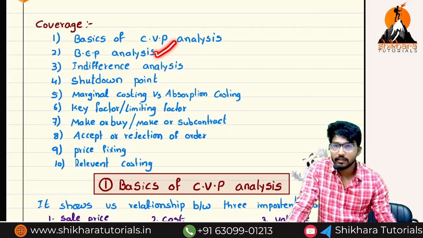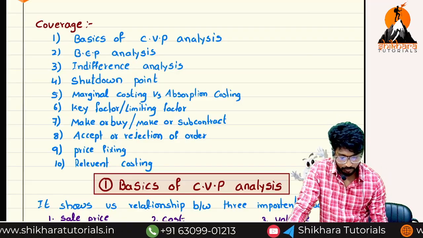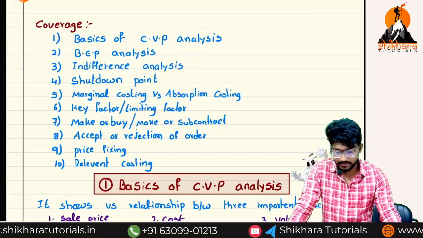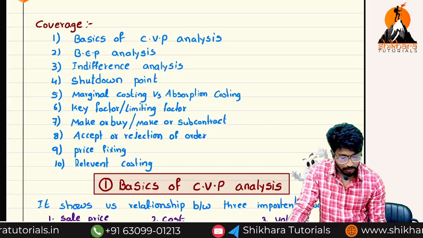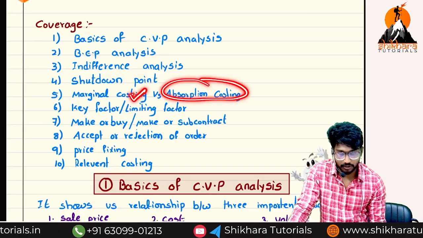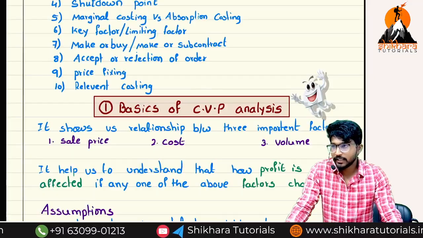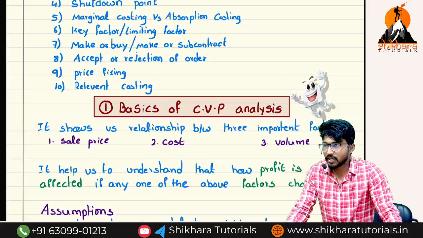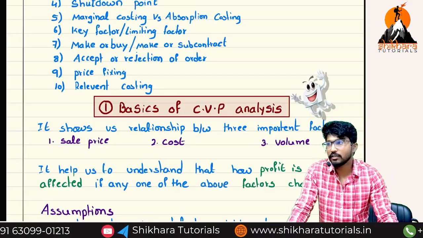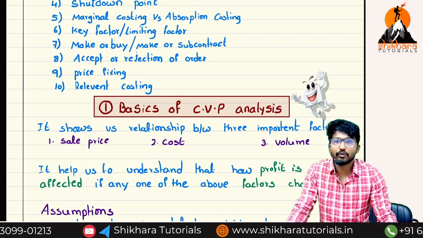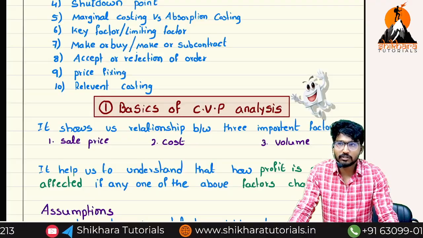Next, BEP analysis, nothing but break even point analysis, indifference point analysis, shutdown point, marginal costing versus absorption costing, like how to calculate cost under marginal costing technique and absorption costing technique, and what the differences are, where you get mostly differences between marginal costing and absorption costing.